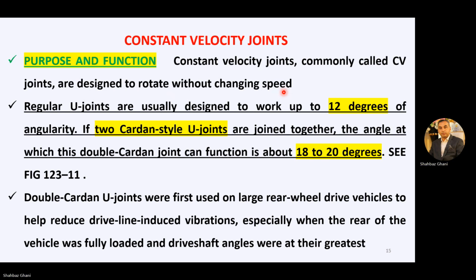So let's see. Regular U-joints are usually designed to work up to 12 degrees of angularity. If two Cardan style U-joints are joined together, the angle at which this double Cardan joint can function is about 18 to 20 degrees.